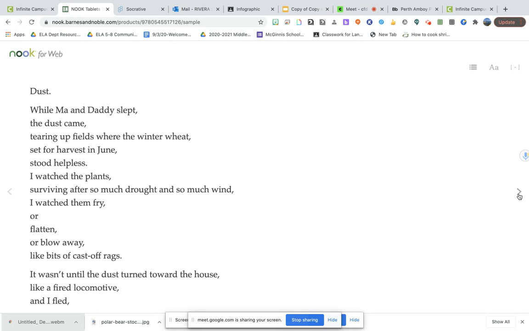Locomotive's another word for what, if you guys know what that word means? What is a locomotive? You should know what a locomotive is. Very important word.